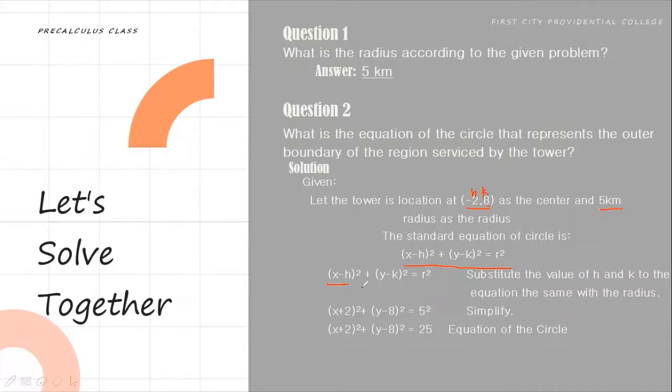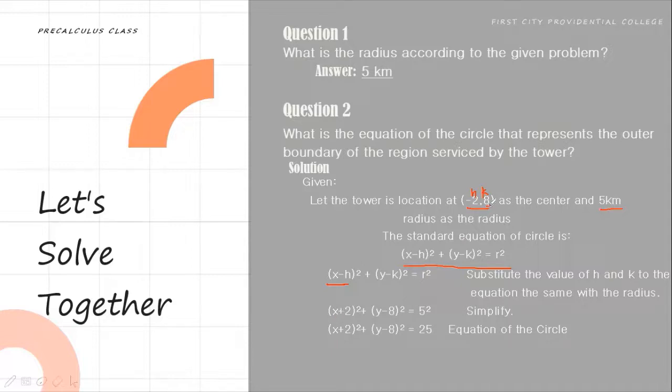Okay, so for you not to be confused with the (h, k) when we substitute it into the standard equation, just remember that if the given is negative, our equation will be positive, or we will use addition.